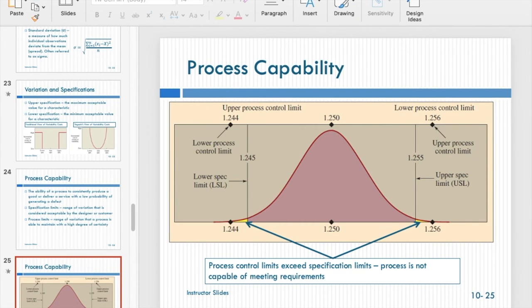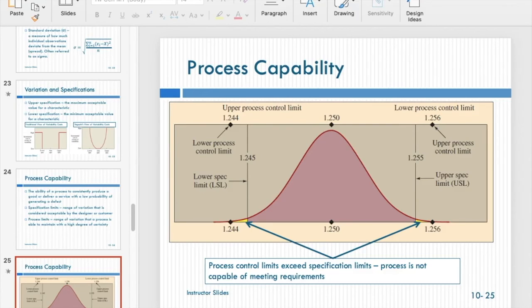So we know that the specification limit is 1.245 to 1.255, but the process control limit is actually from 1.244 to 1.256. Do you think this process is good enough or not? Since the process control limit is already wider than the specification limit, it indicates that it's not good enough.